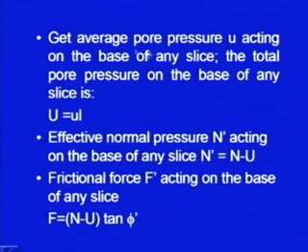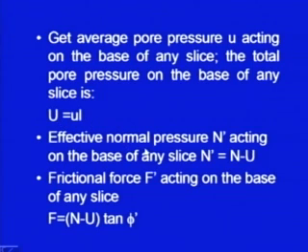So, get the average pressure u acting on the base of any slice. The total pore pressure on the base of the slice will be capital U, equal to small u into l.